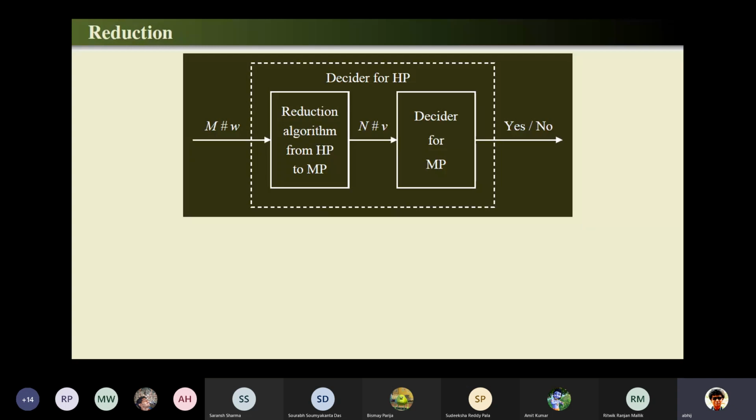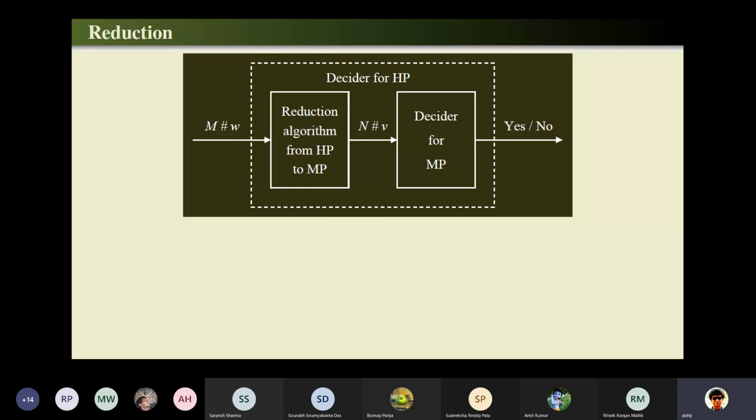But this dotted box cannot exist. So this will prove that this reduction algorithm actually exists. So the only problem is this decider for MP cannot exist, and therefore MP is also an undecidable problem.